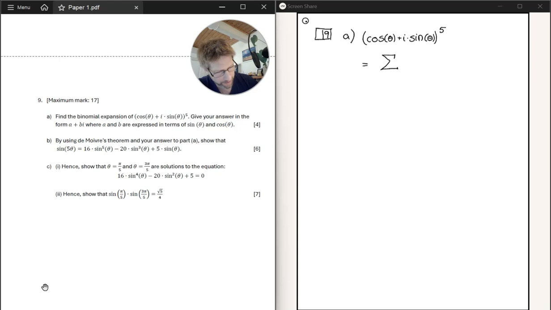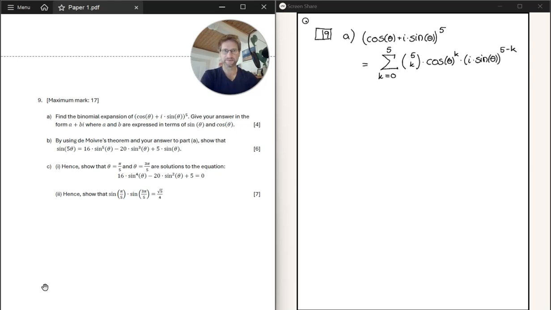say, well, the binomial formula says we can call it k now, from 0 to 5, and then 5 choose k, the binomial coefficient, times cosine of theta, let's say to the power k, and then times I sine of theta, that's the other term, to the power 5 minus k.